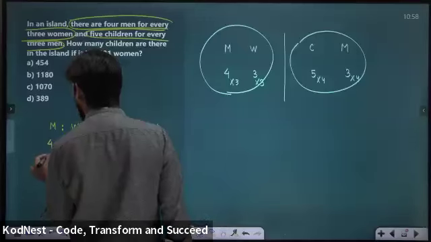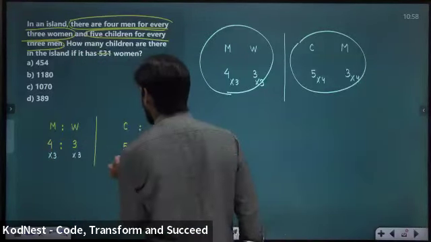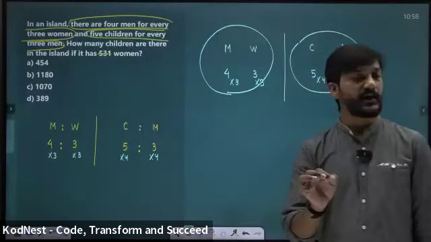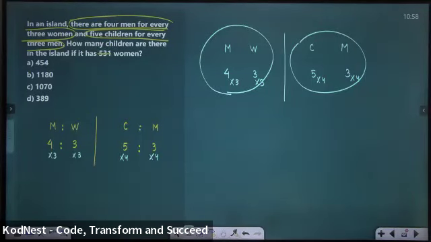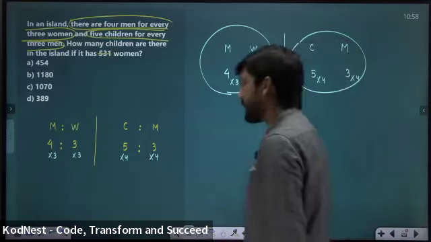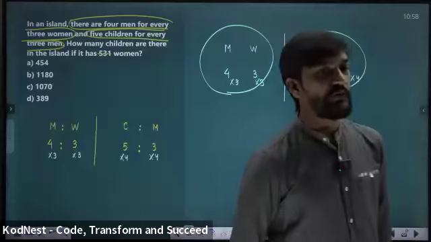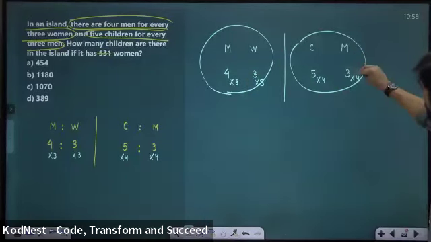Multiply by 3 in the first ratio, and multiply by 4 in the second ratio. Is it the same now? Check please. How many men, if I ask you now, what will you say? 12. Whether you see there or here, you will say 12.